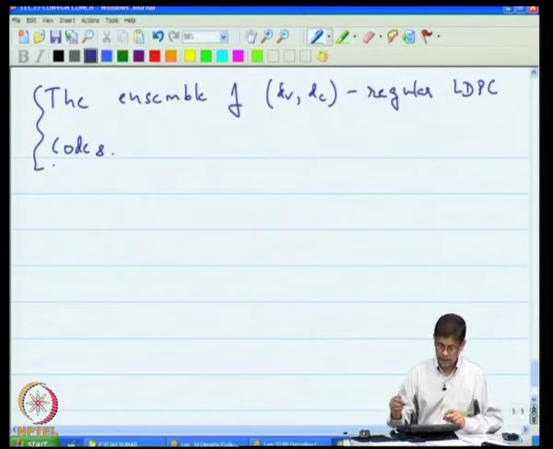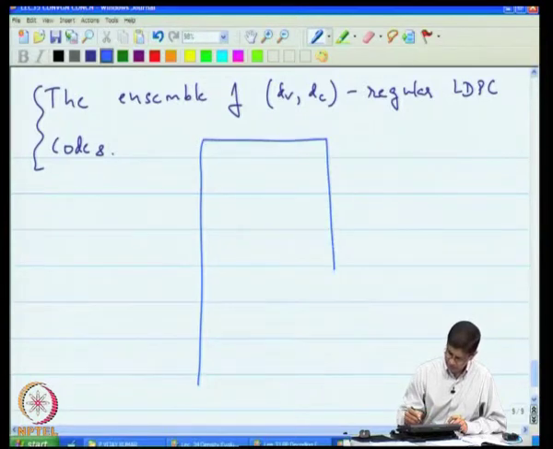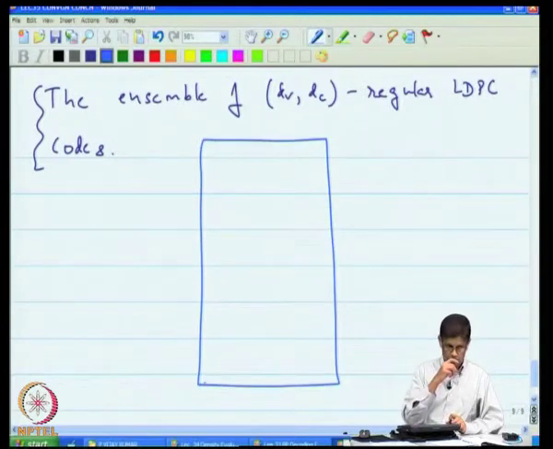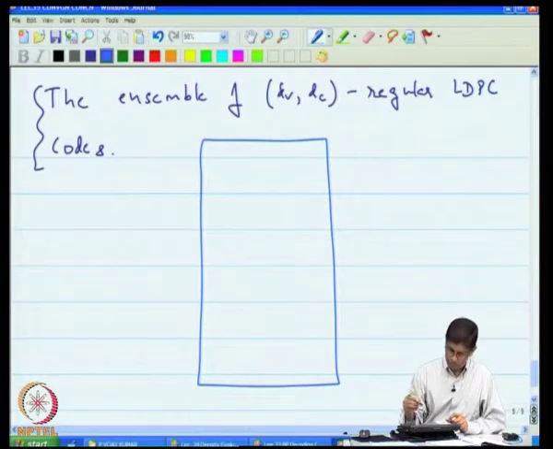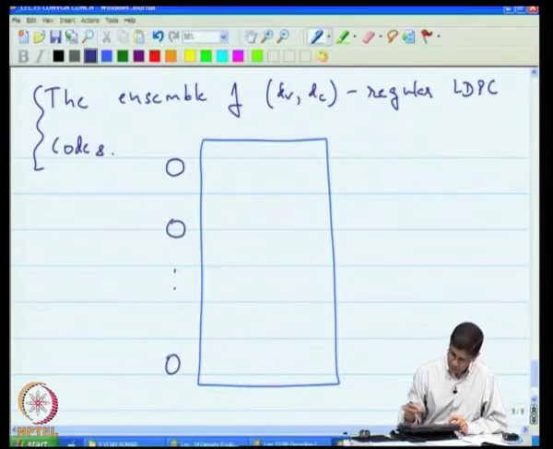So, the way you can get your hands on this ensemble is to look upon the Tanner graph in this way. So, we have the variable nodes. Let me draw a few variable nodes on the left. And then you have some check nodes on the right.